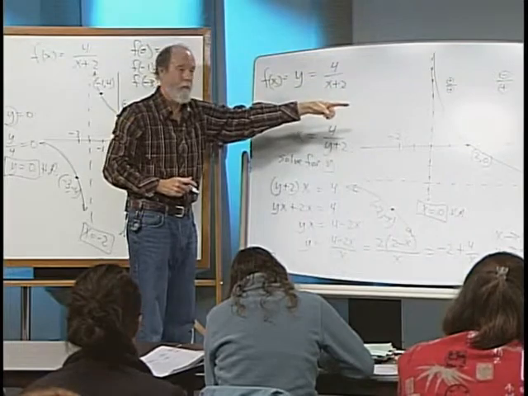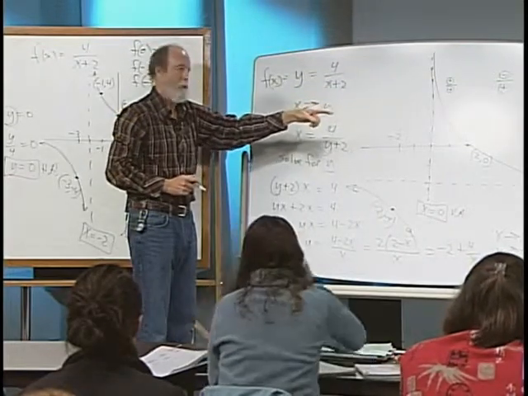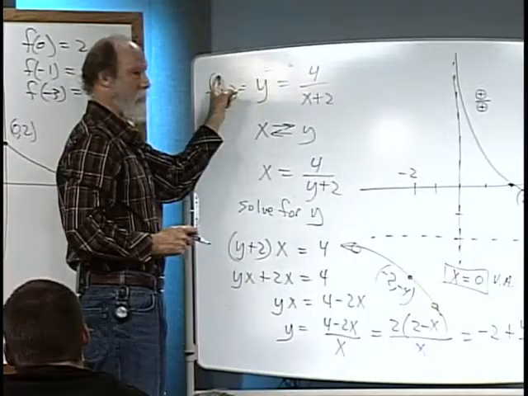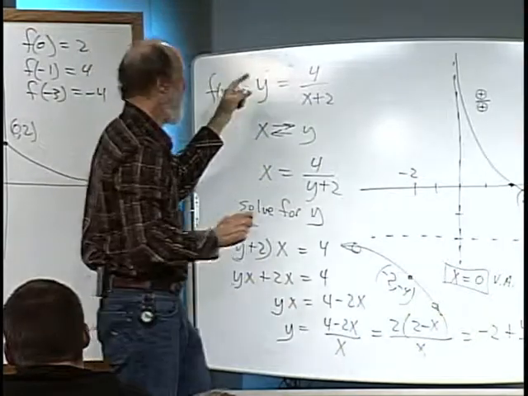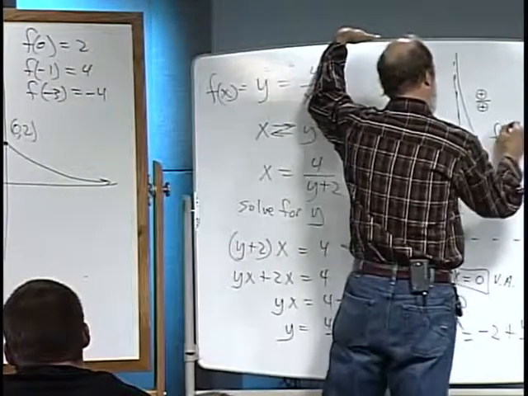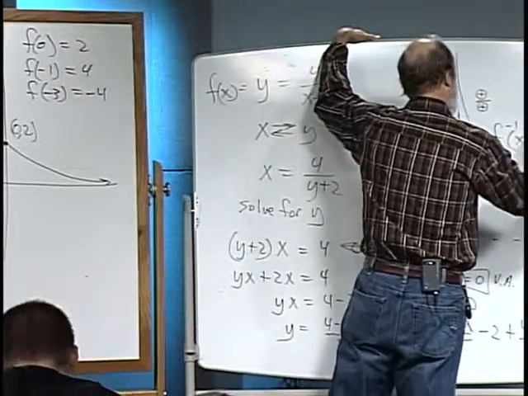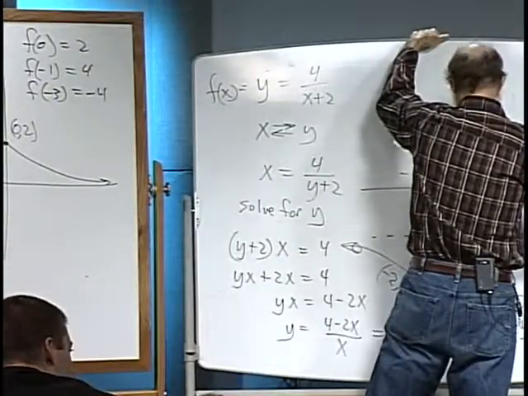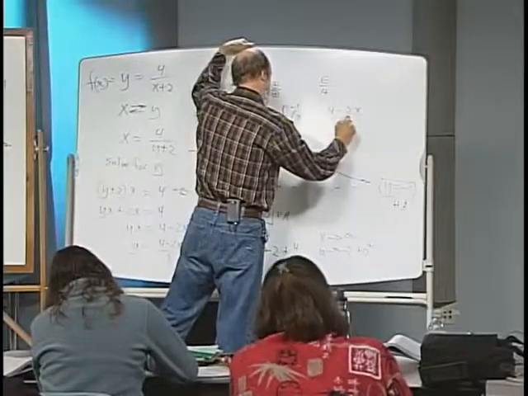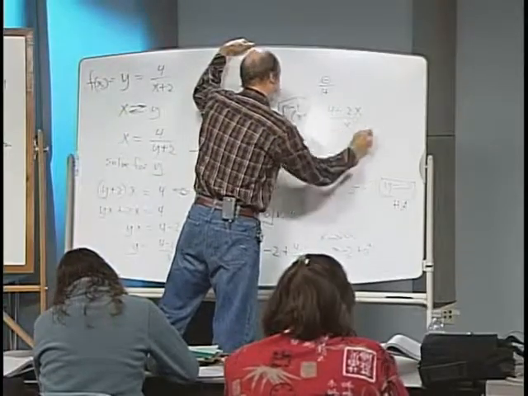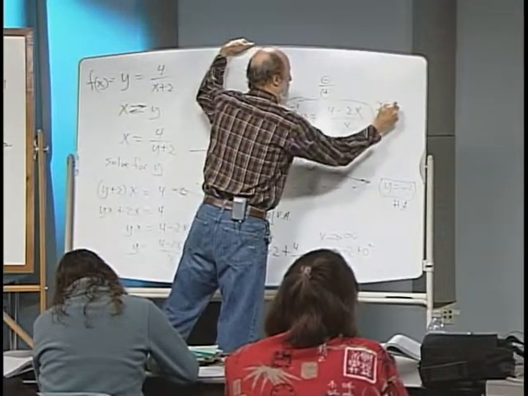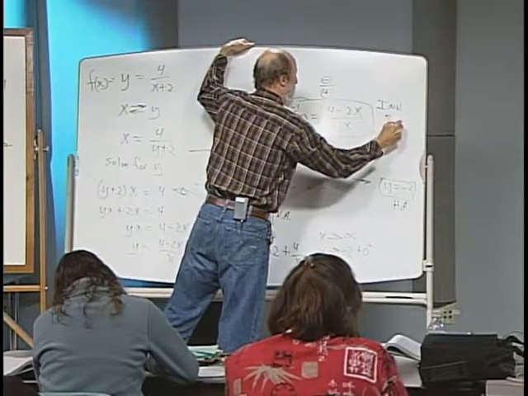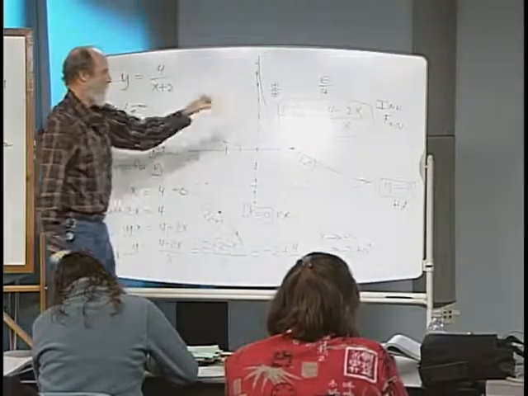That's not f of x. G of x? No. F with a little negative exponent or superscript here. Okay? So this is f inverse of x, which happens to be this thing right here, which is 4 minus 2x over x. So this is an inverse function. That's the inverse function.